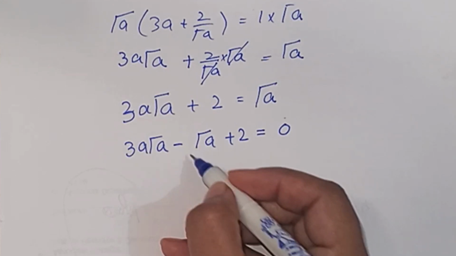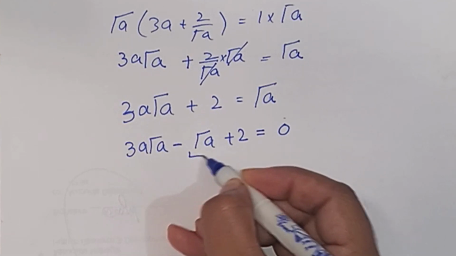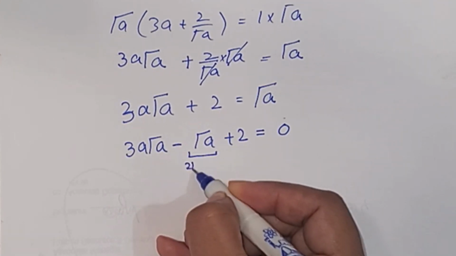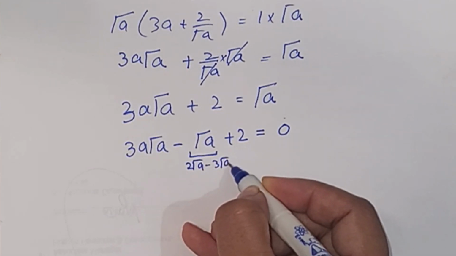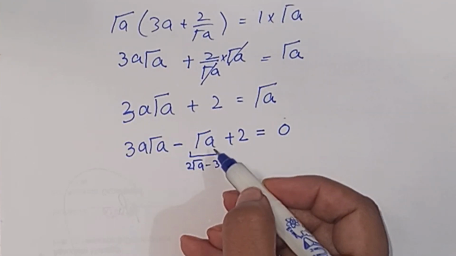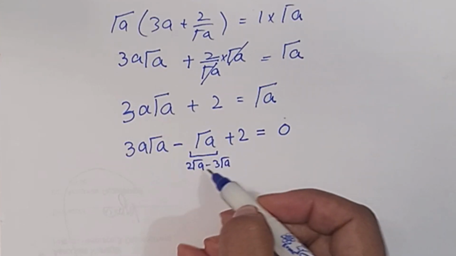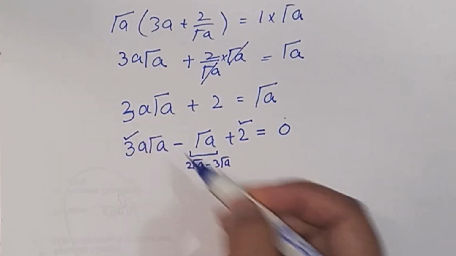So look at this middle term. This is minus square root a. So we write this value as 2 times square root a minus 3 times square root a. Why do we split this value into 2 times square root a and 3 times square root a? Because 2 is involved in this term and 3 is involved in this term.